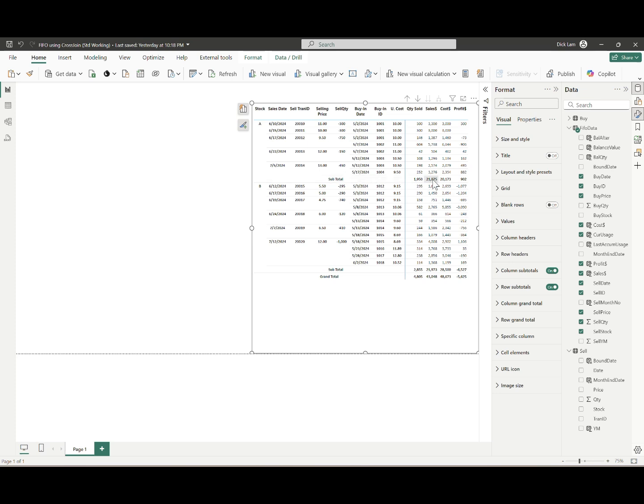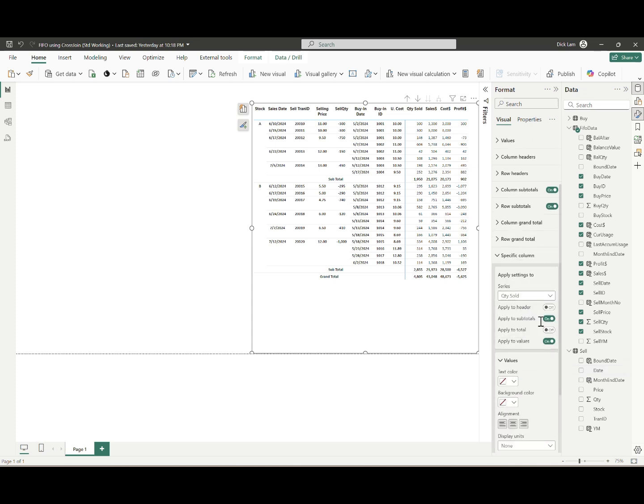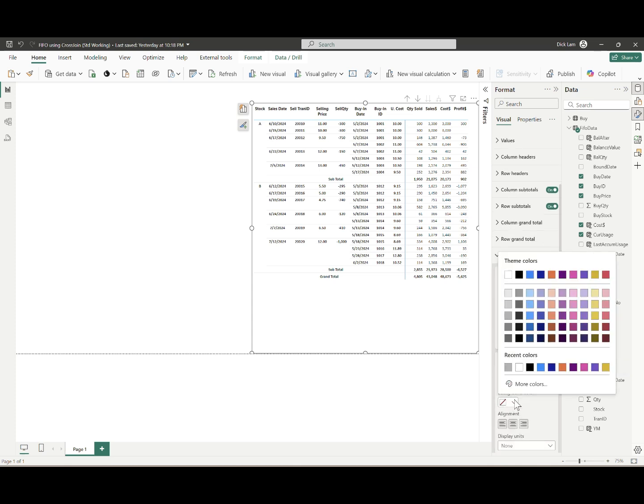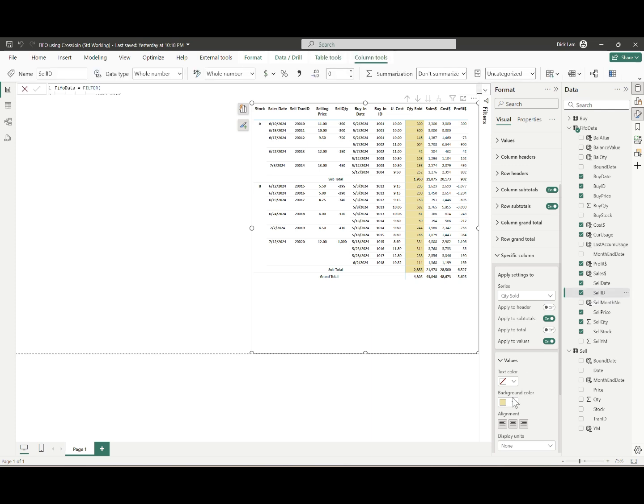Okay, now we see that the subtotal, we may need to highlight this. So it should be the specific column, the quantity sold, the subtotal. No, should not be the value. Okay, yeah, quantity sold, sales. We need to do it one by one. Okay, and then the grand total.